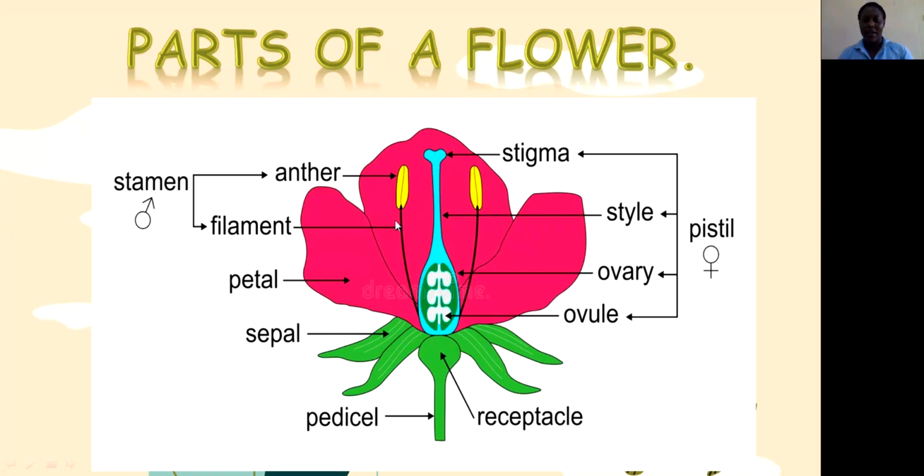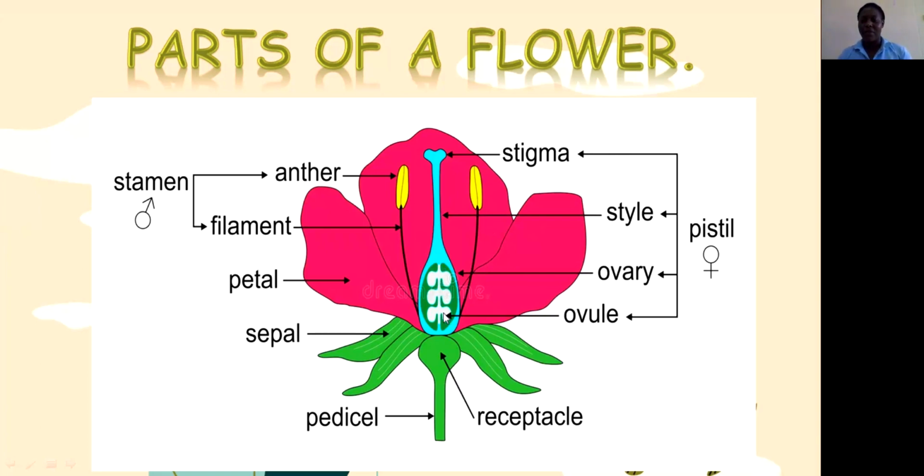Now going down here, we have what we call ovary. Ovary, O-V-A-R-Y, ovary. And then we have ovule.